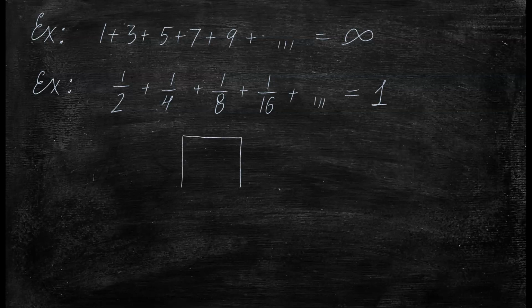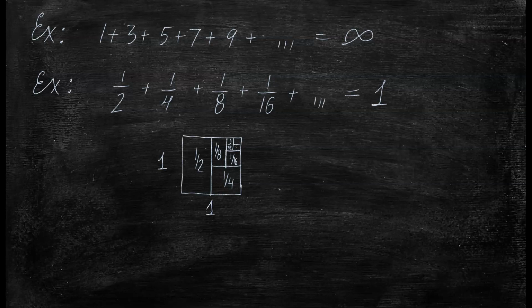If you consider a square of size 1 by 1, and then if you take half of this square and add it to 1/4 of that square, so then later you can add 1/8, 1/16, 1/32, and so on.